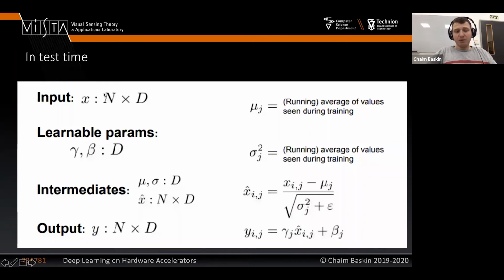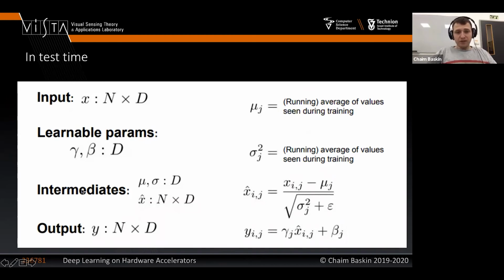So at test time, we have our x, with N by D inputs and output tensors. We have mu_j and sigma_j, the running average of values seen during training, for mu and sigma.